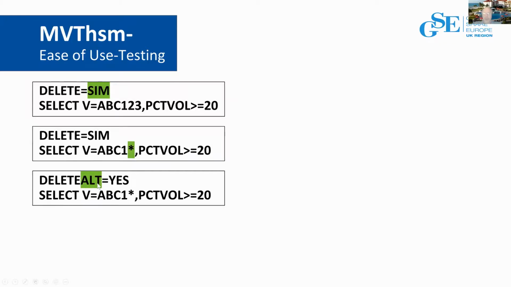When you've written your data sets out in archive to HSM, a lot of customers will create 2 tape copies, not one, to make sure they have a backup. So only do this against the alternate volumes. Don't do it against the primary volumes. So that's another parameter you have for controlling this.